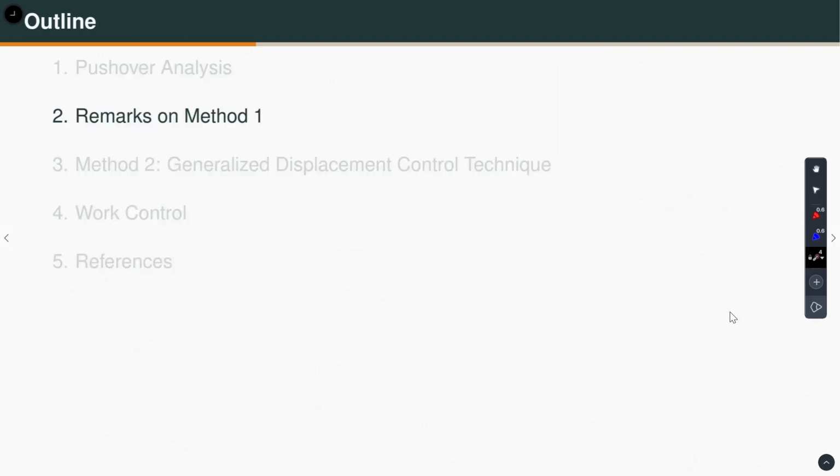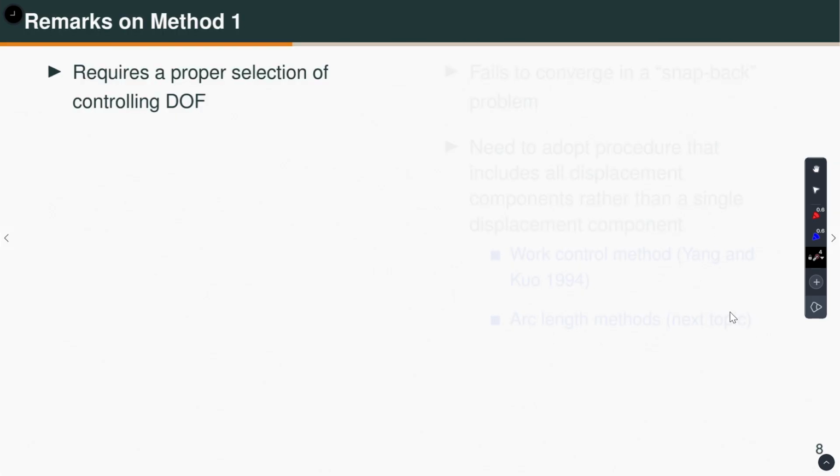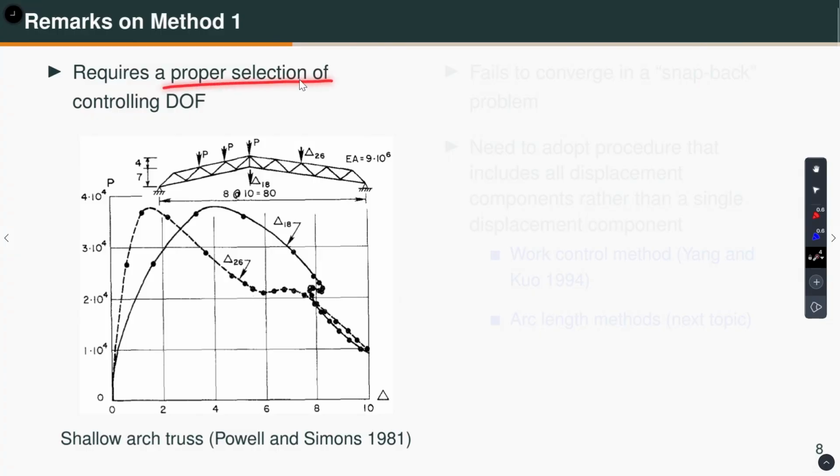Now let me focus on method 1 and make some remarks. If you remember, in method 1, we have to choose a particular degree of freedom at which we are controlling the displacement. So, it requires a proper selection of the controlling degree of freedom. Why? For some problems. For example, here I am taking this problem from this paper by Professor Powell and Simons.